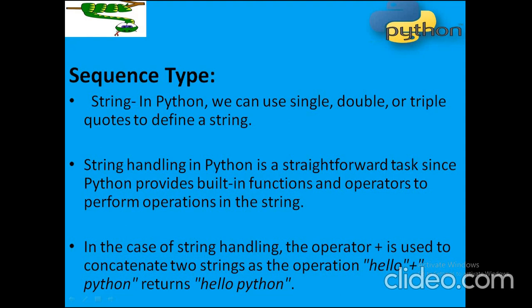In string handling, the plus operator is used to concatenate two strings. For example, this is the string hello. By using the plus operator, it returns hello Python.